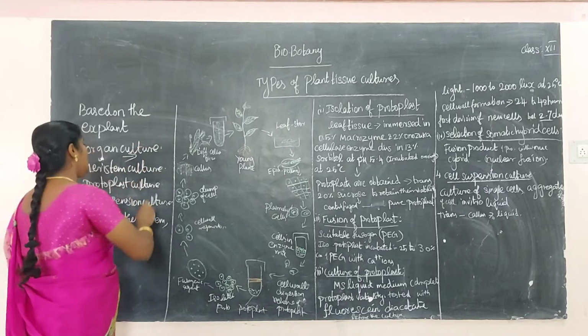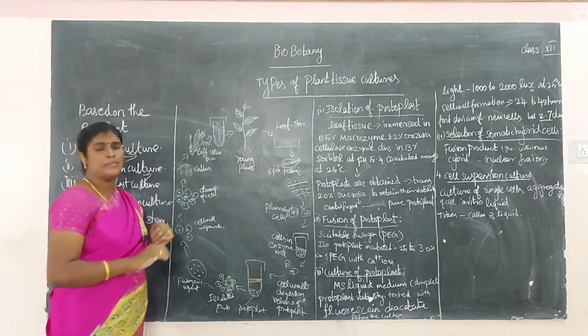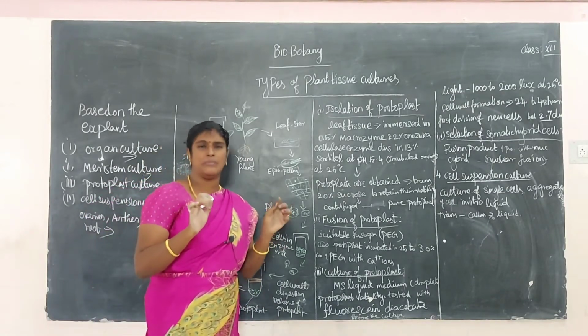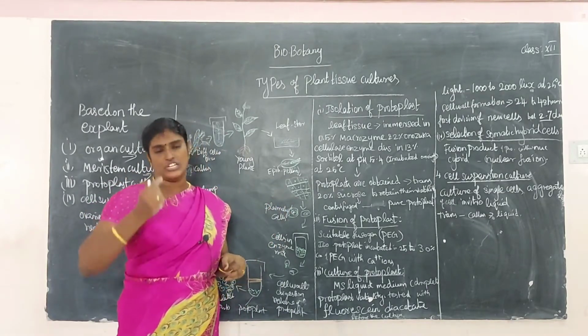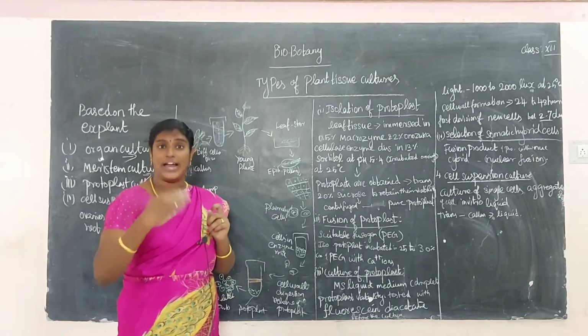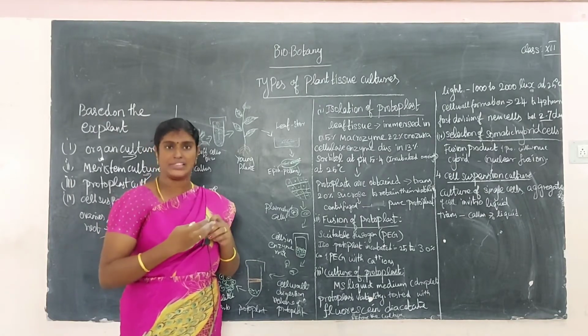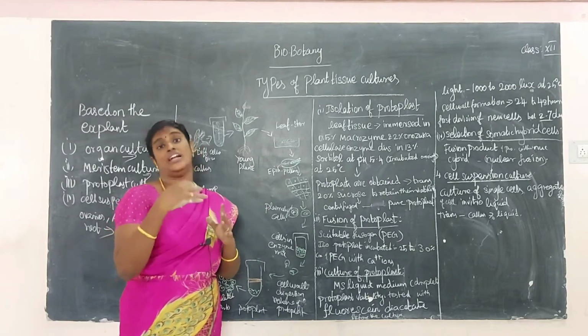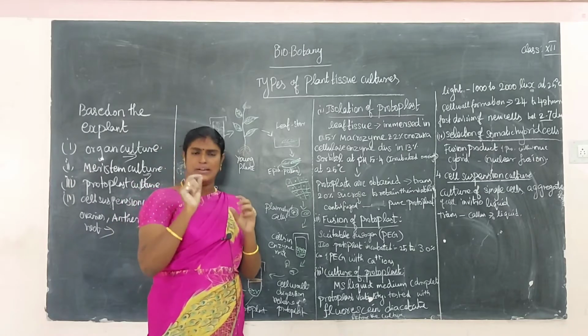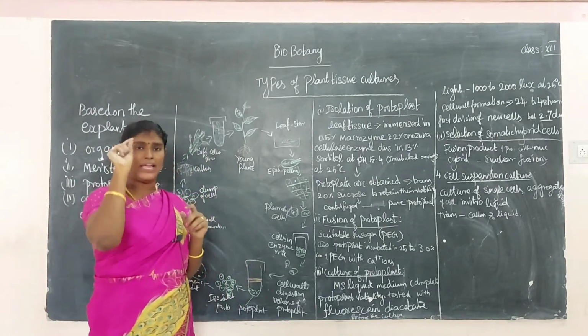The second one, meristem culture. What is the meaning of meristem? Meristem means actively dividing cells, cells capable of cell division, called meristematic cells. Meristematic cells are found maximally in the apical region of the stem.